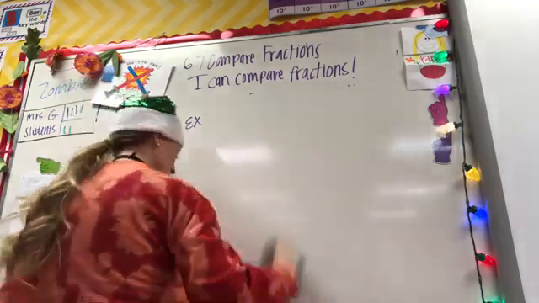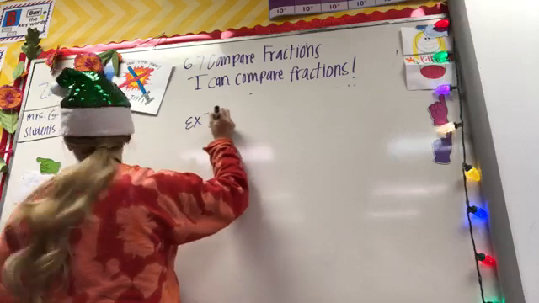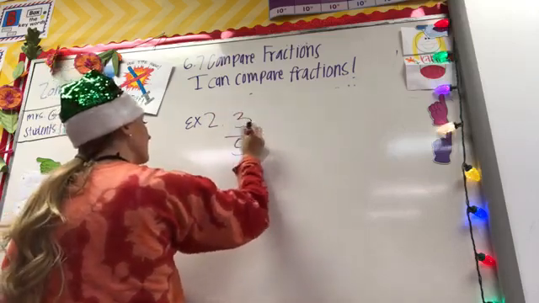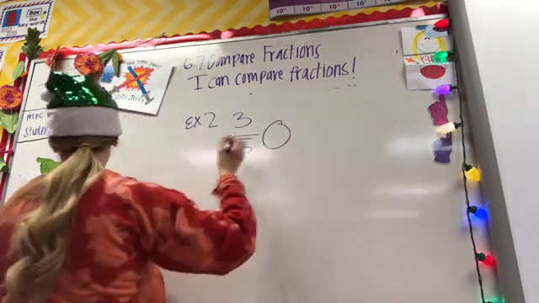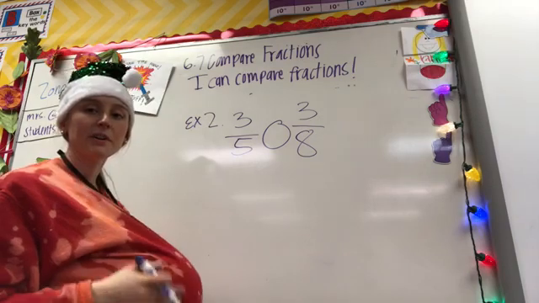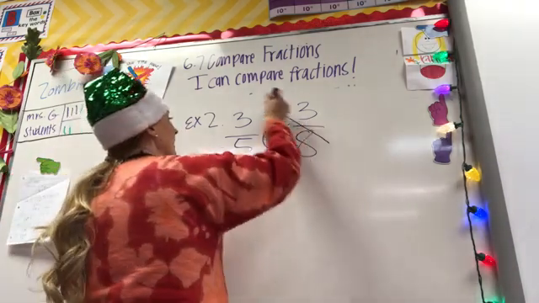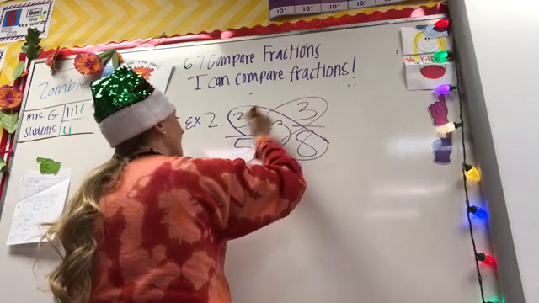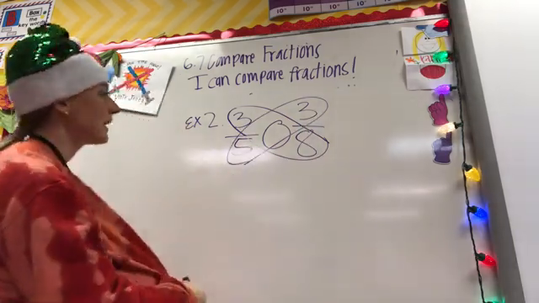Example number 2. We have 3/5 compared to 3/8. Okay, so let's put our X up. We go X this way and X this way. And then we times those numbers.